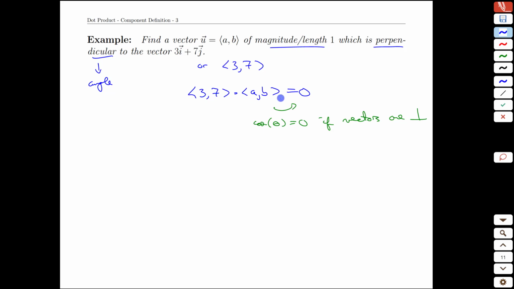So that's using the angle definition. Well, we can also then tie in the component definition and compute the same dot product explicitly as 3a plus 7b equals 0. Now we note that there is one possible solution already. If we have a equals 0 and b equals 0, this would satisfy the equation.